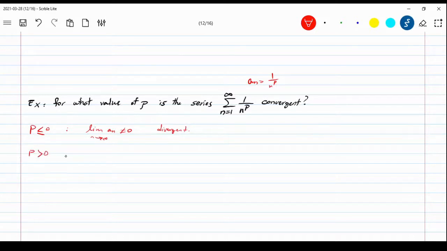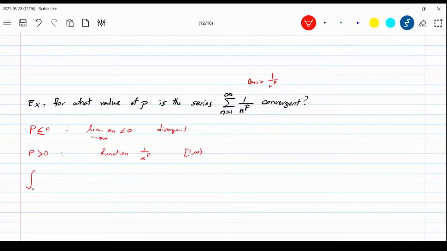Then we have the function 1 over x to the power p to compare with. Over the interval 1 to infinity, this is a decreasing, positive function, so I can use the integral test to figure out the behavior of this series.